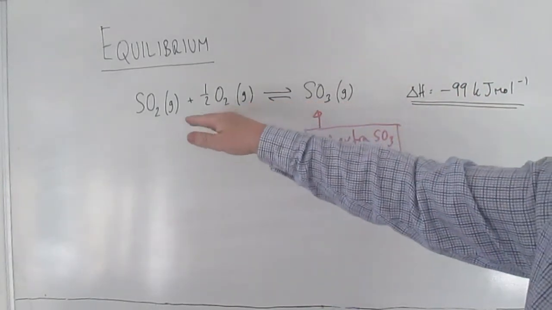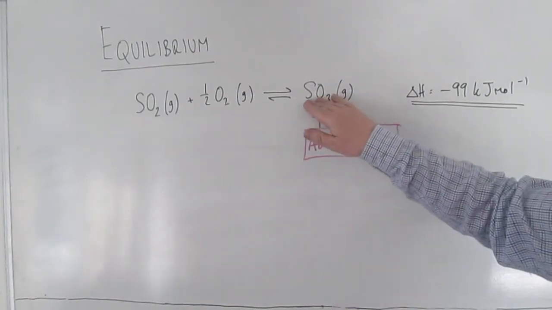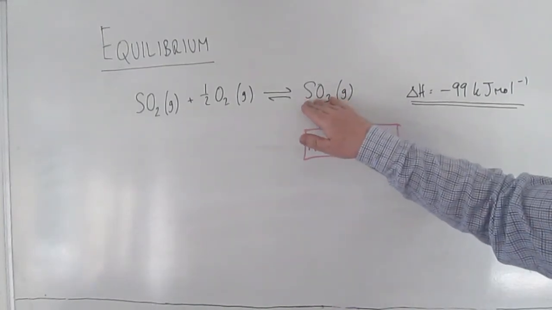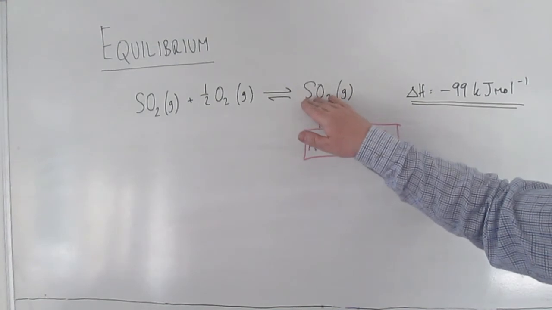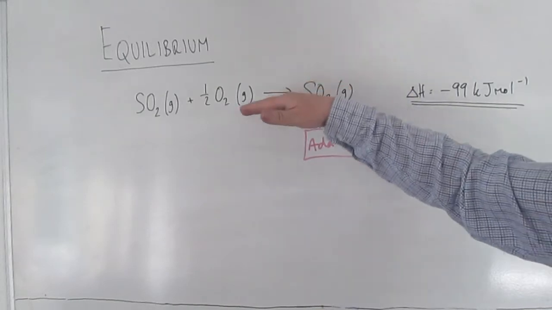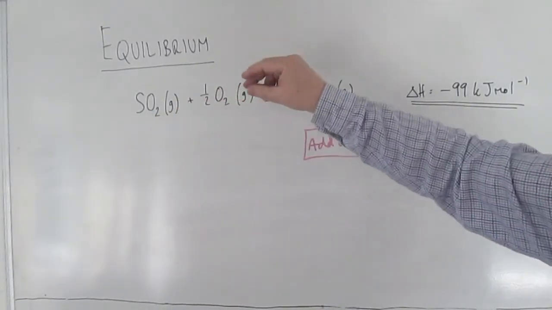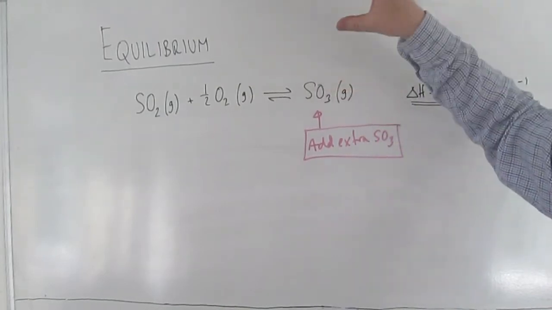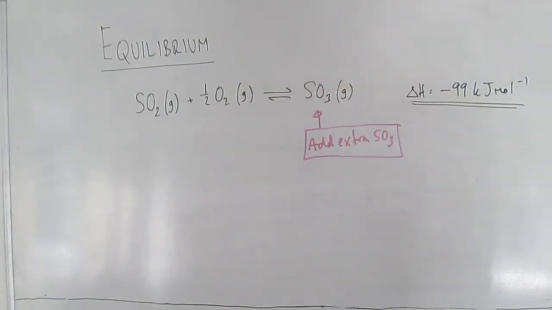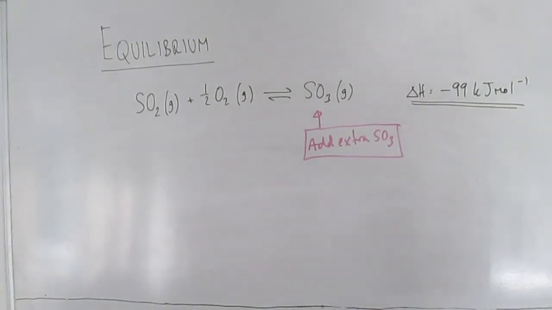And so you're going to make more of that. And it'll be a bit like the situation we had at the beginning. As some of the extra SO3 gets used up, its concentration will then drop again. So this rate which had increased will drop back down again. As you make more of these, the forward rate will increase until eventually the rates become equal again and you have a new equilibrium. But at that point you don't have the same concentrations you had to start with. So that would be a way to think about what you'd expect.